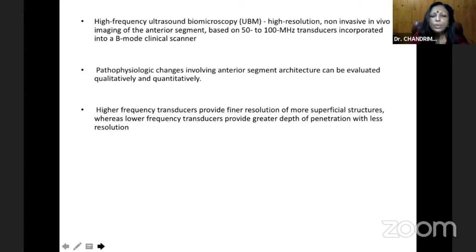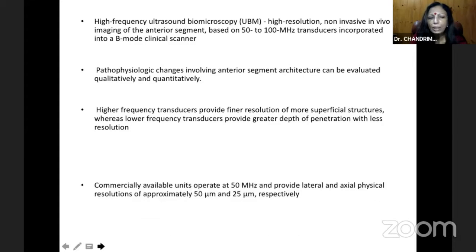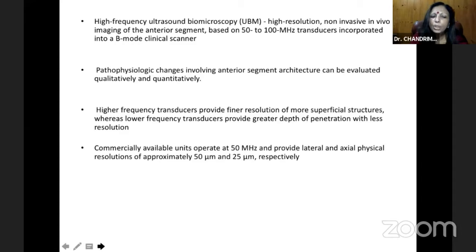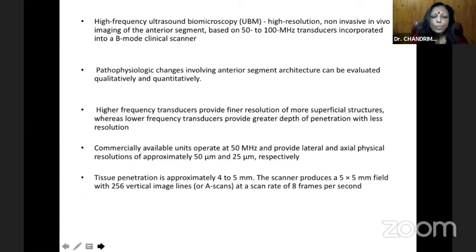Higher frequency transducers provide finer resolution of more superficial structures, whereas lower frequency transducers provide greater depth of penetration with less resolution. Commercially available units operate at 50 MHz and provide lateral and axial physical resolutions of approximately 50 microns and 25 microns respectively. So tissue penetration is approximately 4 to 5 millimeters.